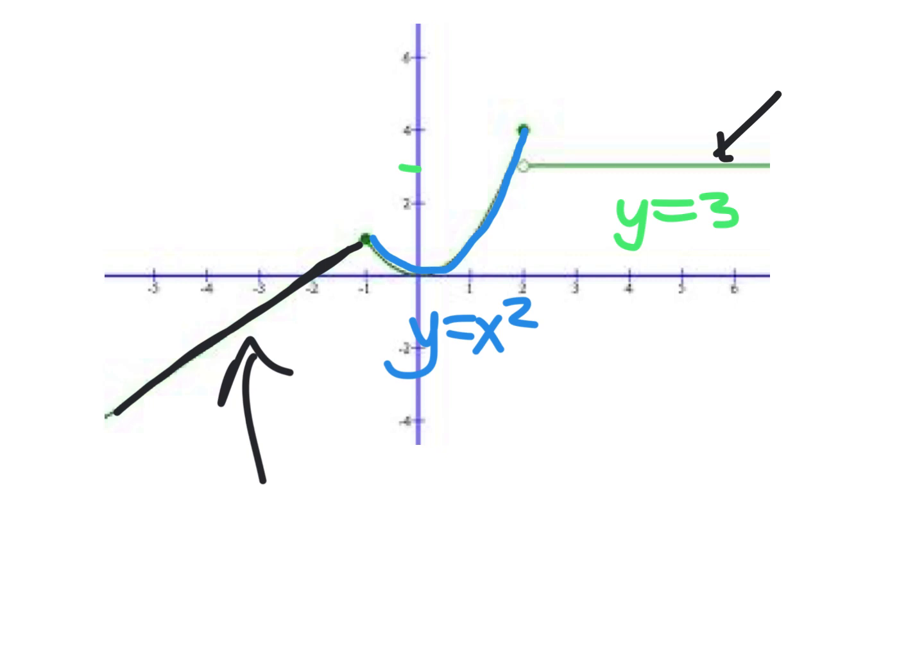And this black part of the function, if I extend this out, it goes through -2 and it goes through 2, and that means it goes through -1, 1, and I can tell all these points, that's y equals x plus 2.